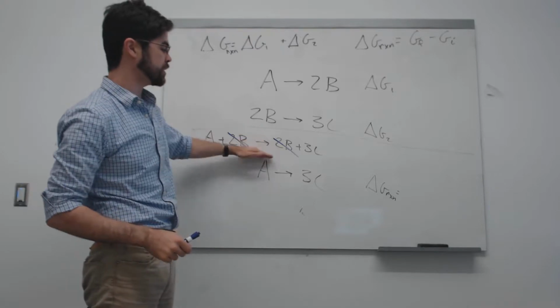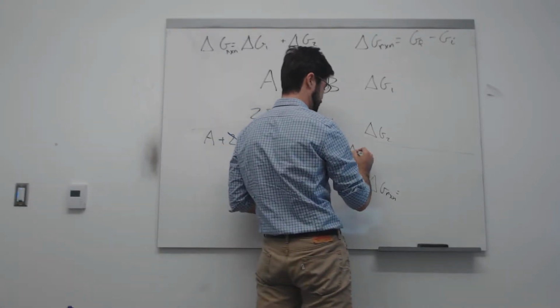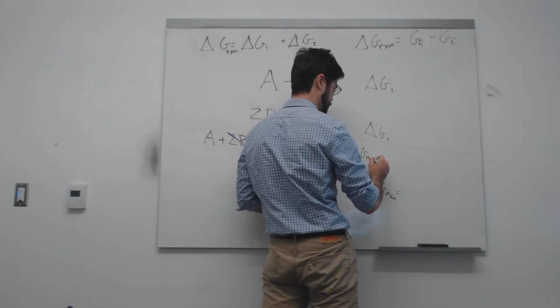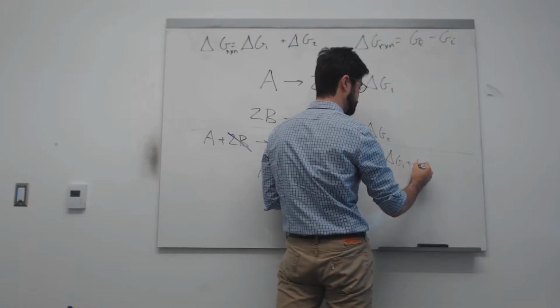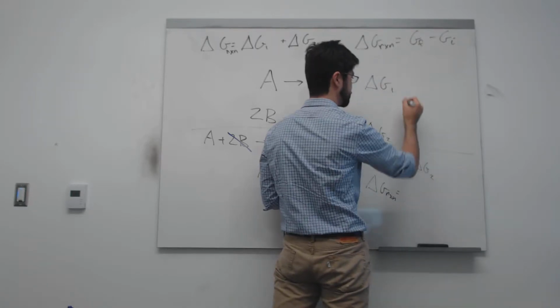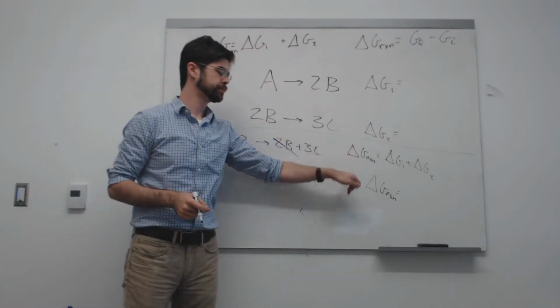I just added these reactions together, and so Hess's law tells me that I can just add together their free energy changes, delta G1 plus delta G2. So this is me just applying Hess's law.